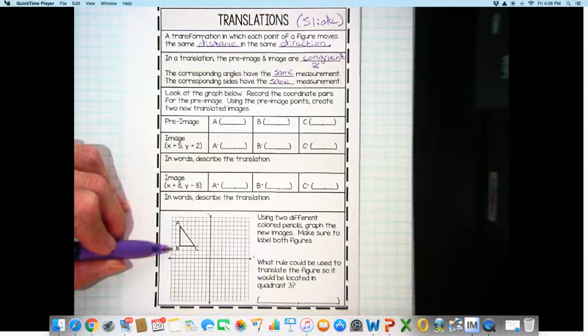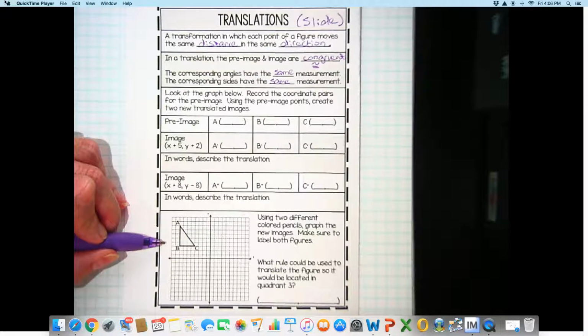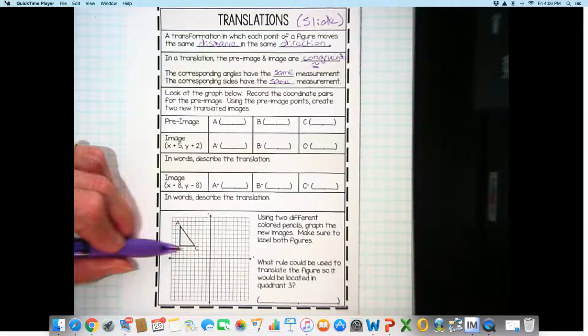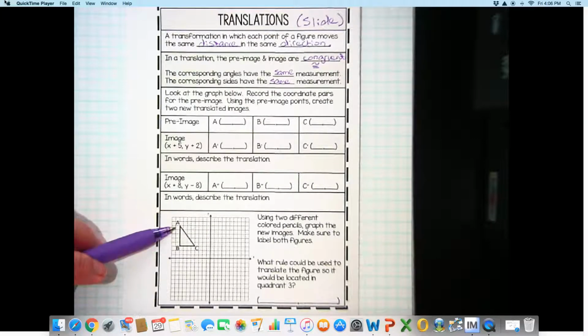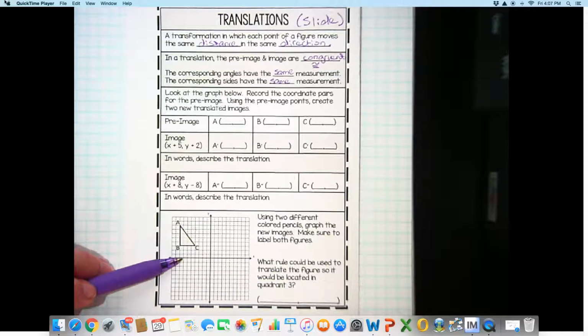So let's start with this shape down here, this little triangle right down here. And it's already labeled A, B, and C. Well, we need to list the ordered pairs for A, B, and C. So the ordered pair for A, let's see, our x always goes first. That's our horizontal. How do we get from the origin over to A? We have to go 1, 2, 3, 4, 5, 6, 7, 8 left.